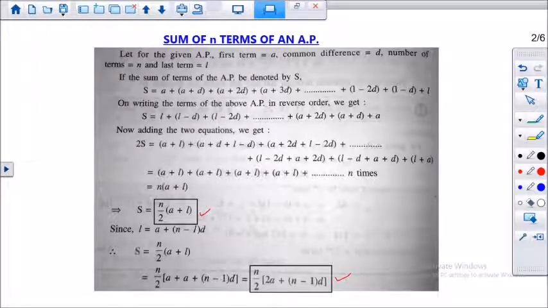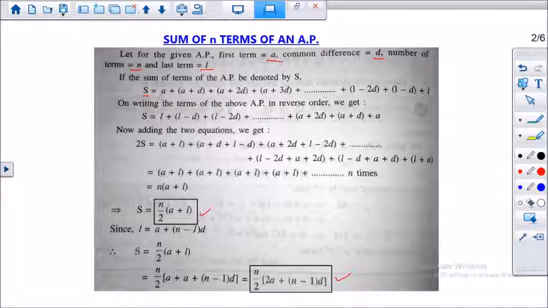Let for the given AP, the first term be A, common difference D, number of terms n, and the last term L. Now, what will be the sum of terms? S denotes the sum of terms of the AP.